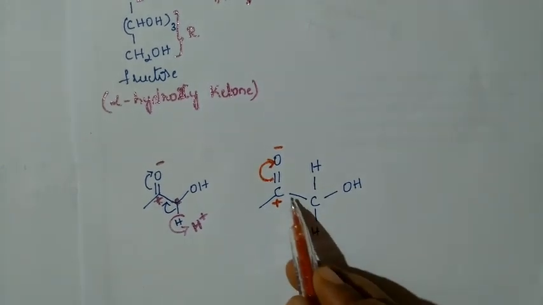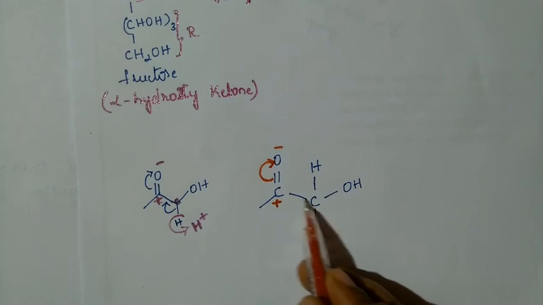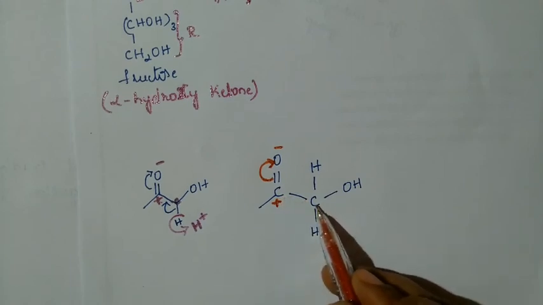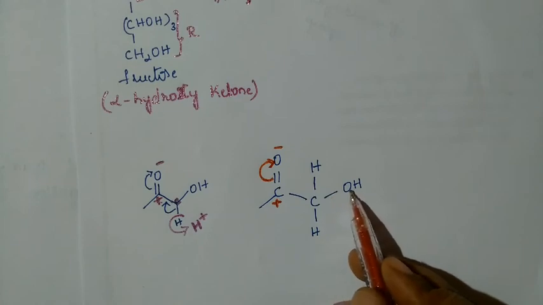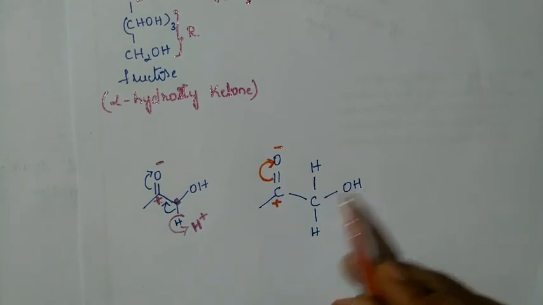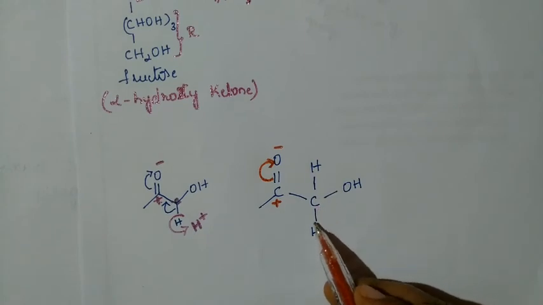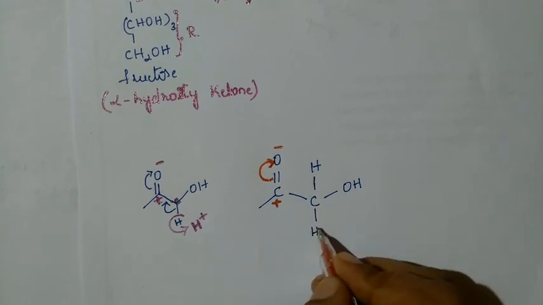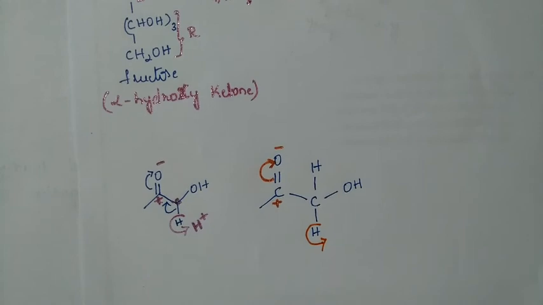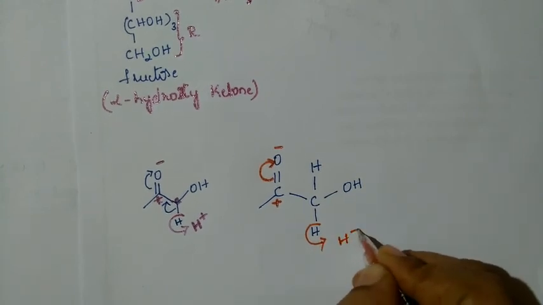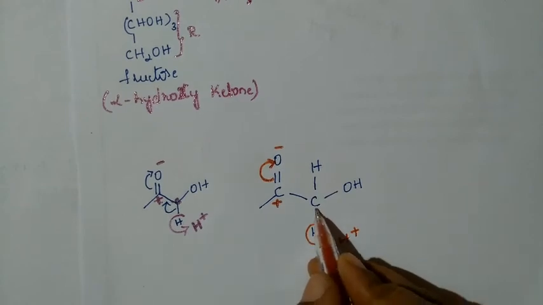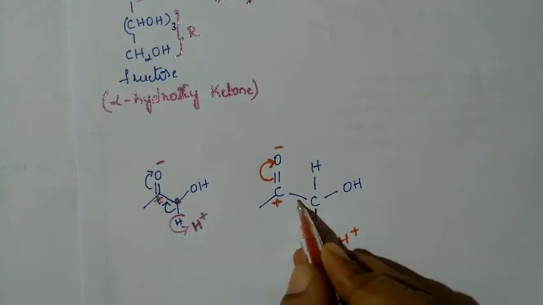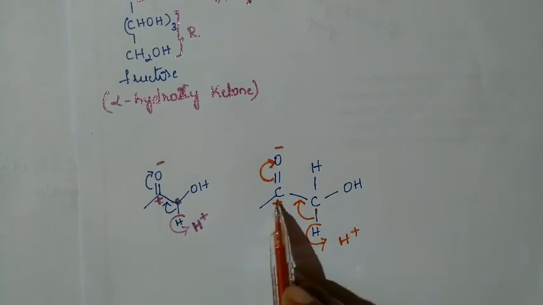Now this carbon is pulling the electrons from this side, and the oxygen is pulling too, but oxygen is not giving them up because it is more electronegative. But hydrogen easily gives out its electron and comes out as H plus ion, leaving the bonded pair with the carbon itself. These electrons will shift toward this side because this carbon is positively charged.